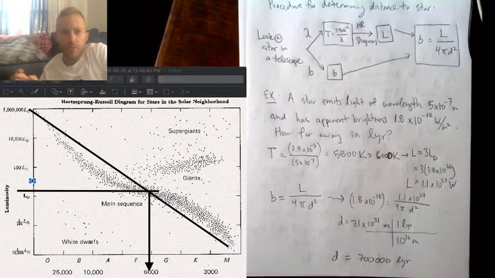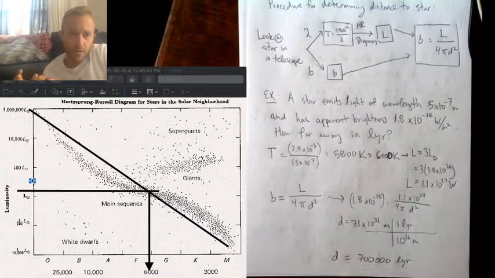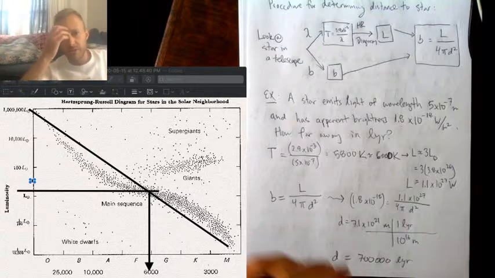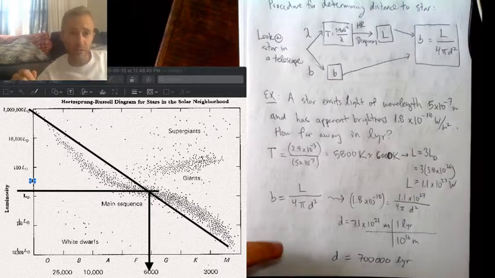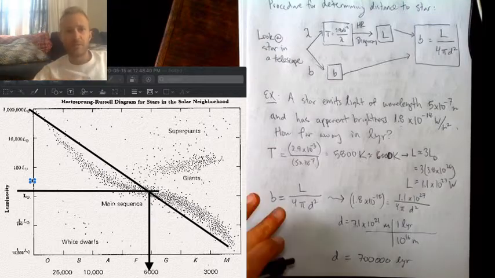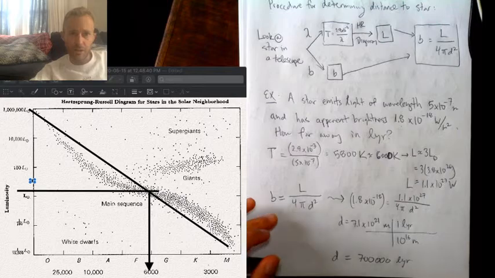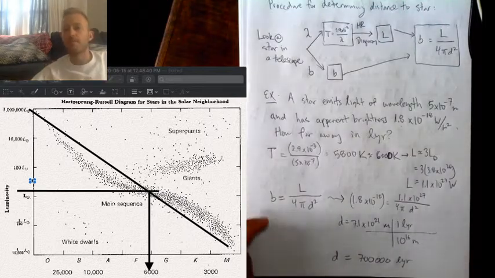So that would put this star in another galaxy, because the diameter of our galaxy is around 30,000 light years. So this would be far enough away that it's not in our own galaxy. This would be maybe a satellite galaxy of the Milky Way.